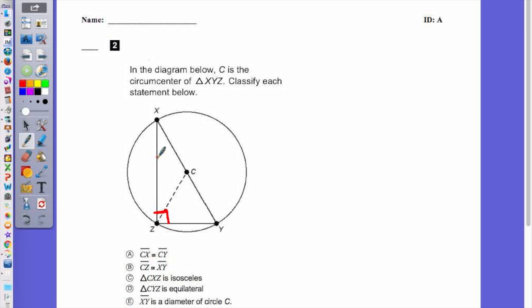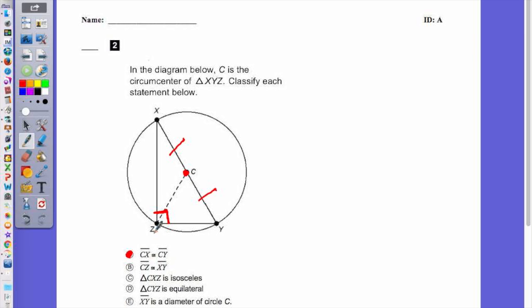And if this is a right angle, we said a right angle that is inscribed in a circle, the hypotenuse will be the diameter. That's how I know that C is also the center of the circle. You may not have realized all of that. You might have just assumed that. That's okay, but mathematically there's a reason there, which means that CX is congruent to CY because they're both radii. So A is correct.